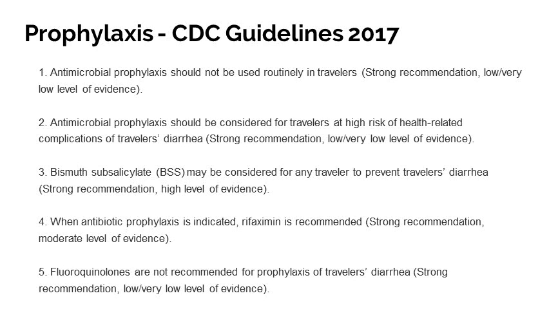And this might be a little bit safer if you do want to prescribe something as a prophylactic agent. When antibiotic prophylaxis is indicated, rifaximin is recommended. Fluoroquinolones are not recommended for prophylaxis of traveler's diarrhea. So moving forward, if you want to prophylax your patients, consider their risk factors. Consider bismuth subsalicylate as well.